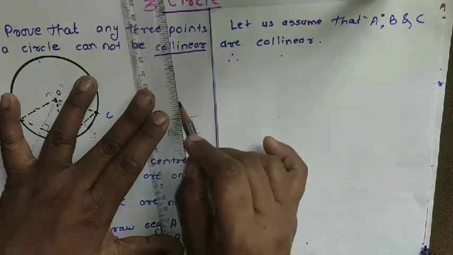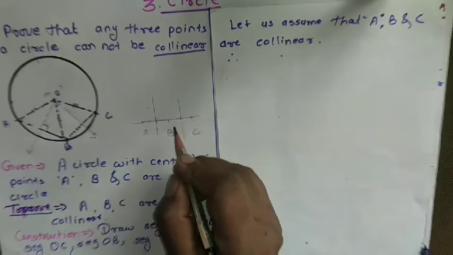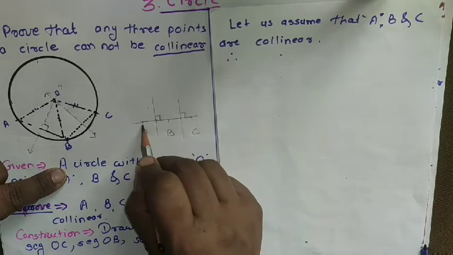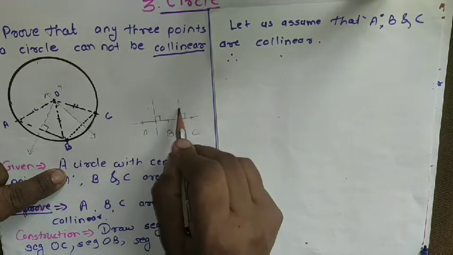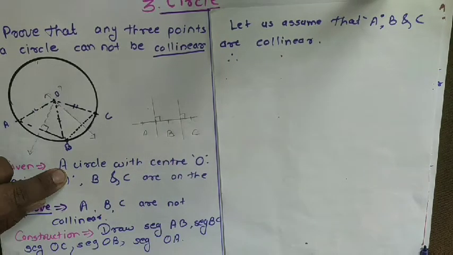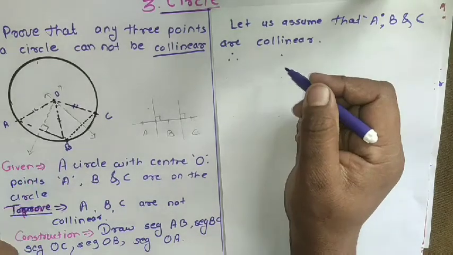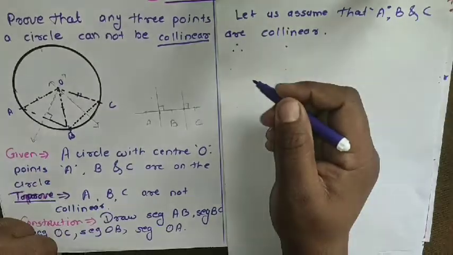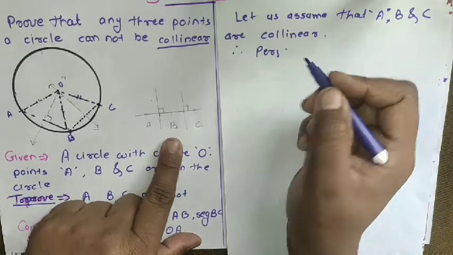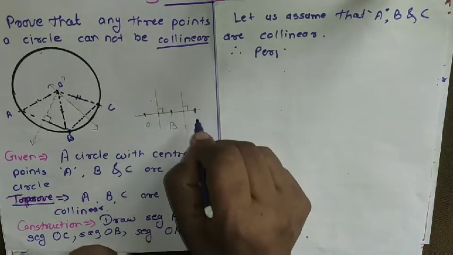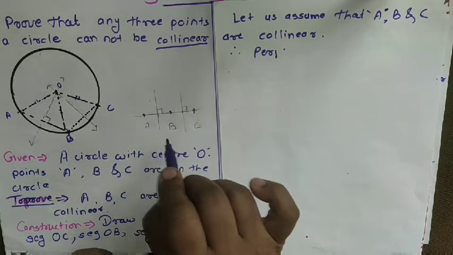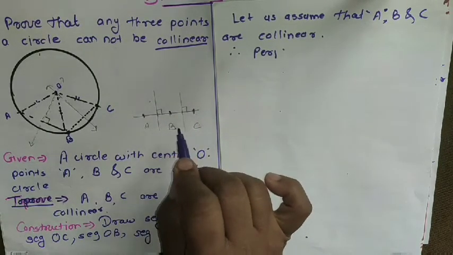If I draw by using constructions, you will notice that if three points are collinear, then the perpendicular bisectors of seg AB and BC are parallel to each other. Collinear means A, B and C are in a straight line, and if I draw the perpendicular bisectors for AB and BC, they are parallel to each other because they lie on the same line.